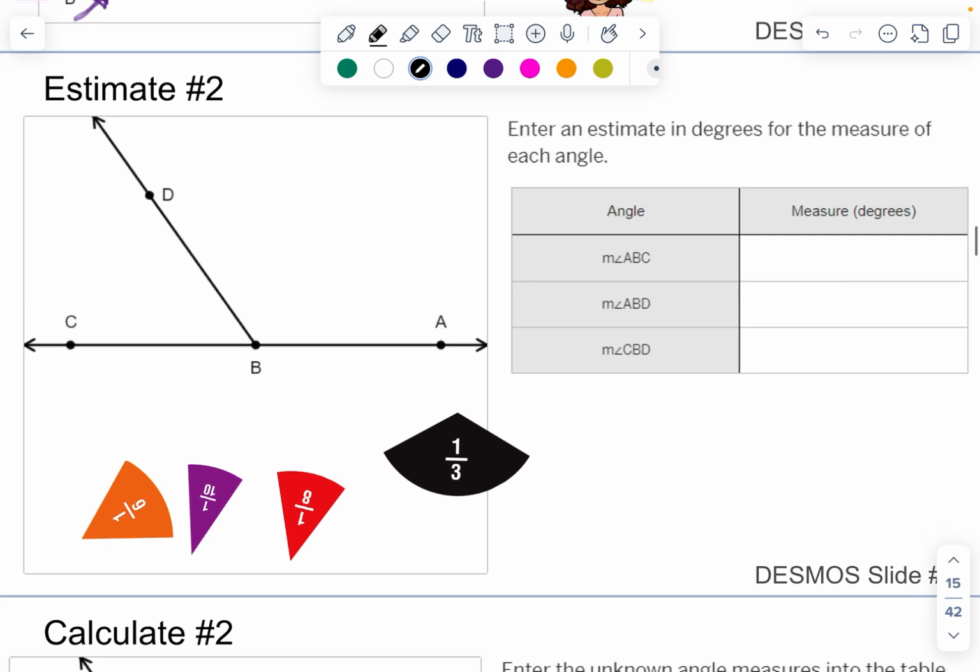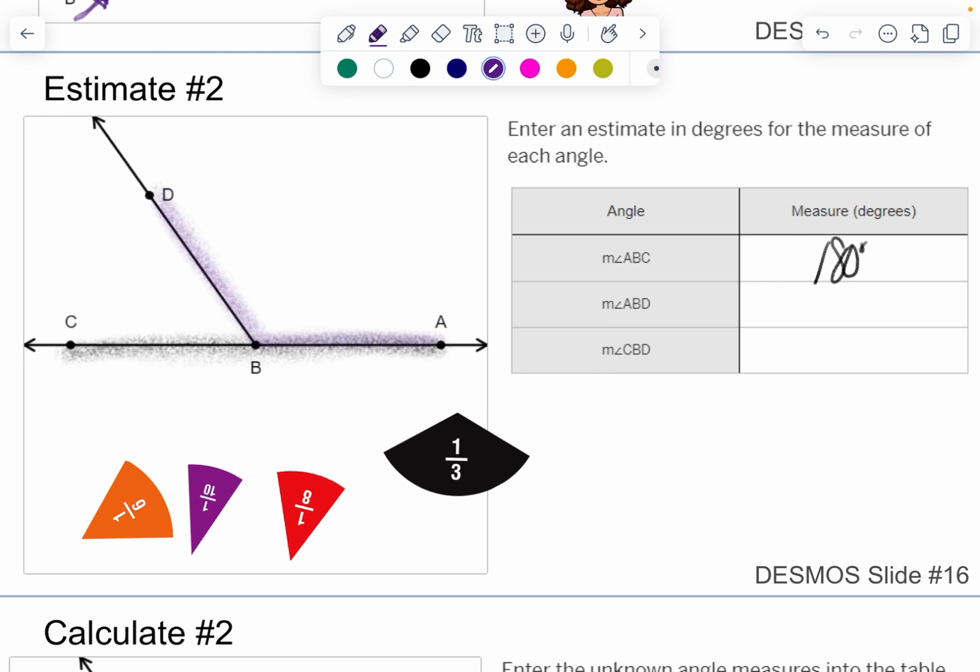All right. So we can do the same thing right here and estimate angle ABC. Angle ABC right here, we know that's 180 degrees. Now angle ABD. I thought that 1/3 piece was pretty close. And the 1/3 piece is, what is that, 33? Oh, it's 120.